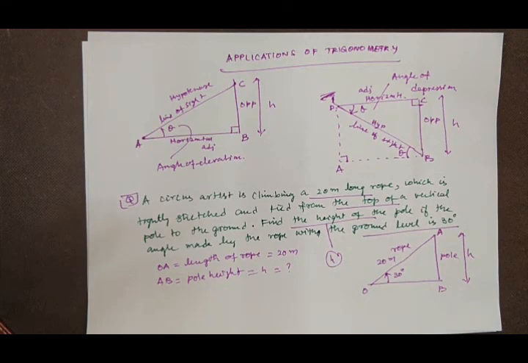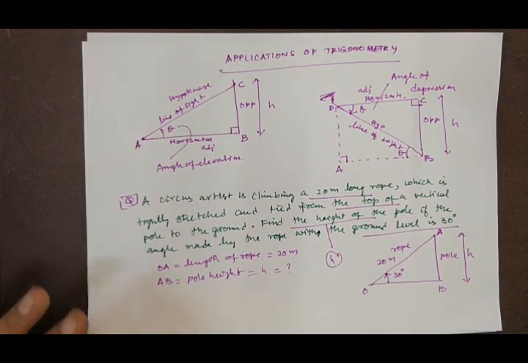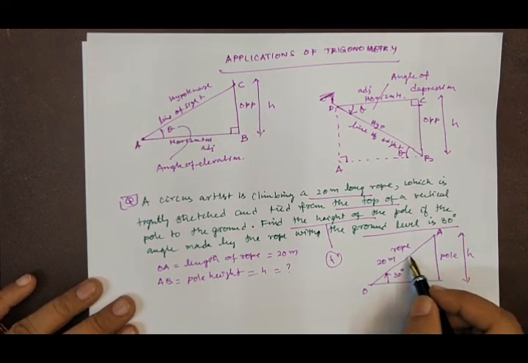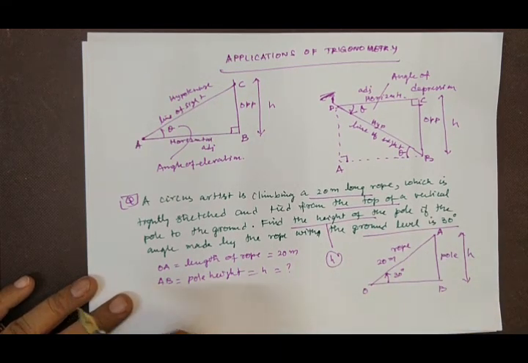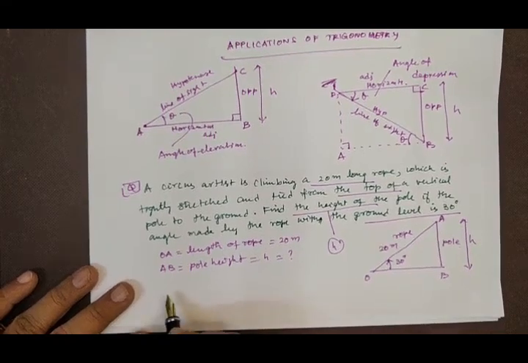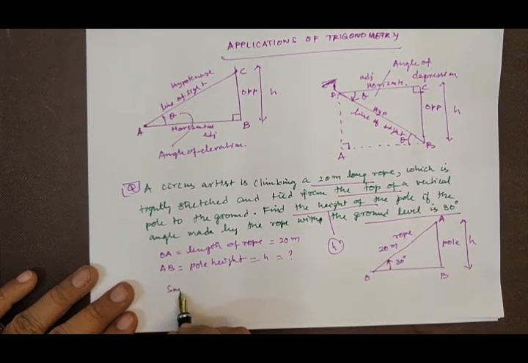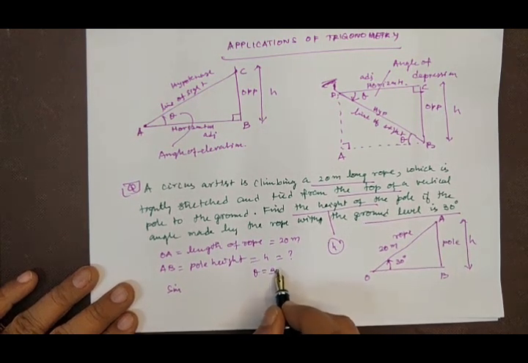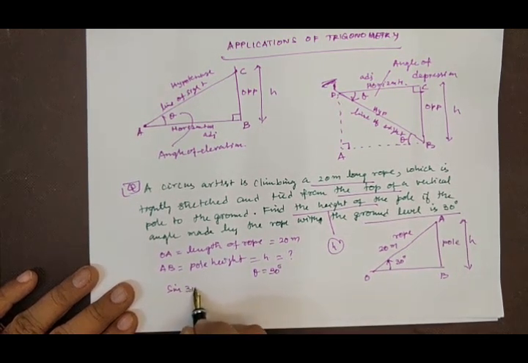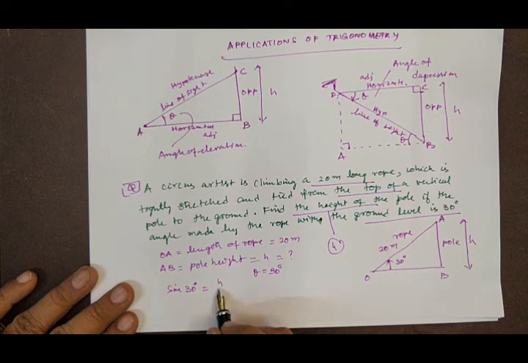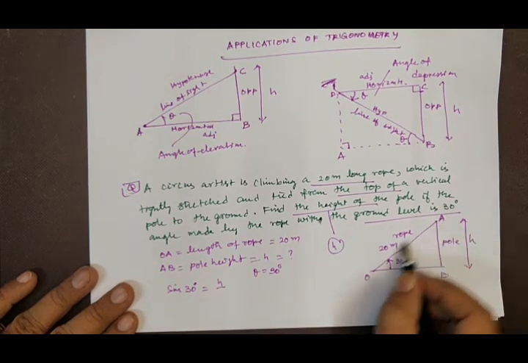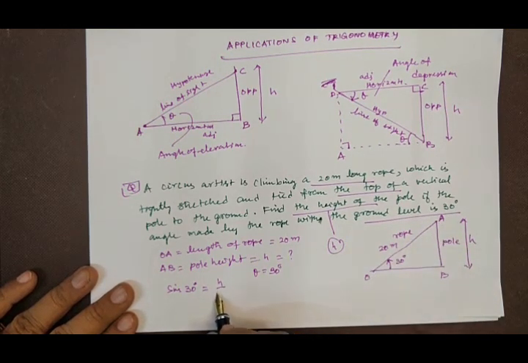What is the trigonometric function that involves height and hypotenuse, because the rope is nothing but the hypotenuse here? So you can take sine theta, is it not? What is theta here? Theta is equal to 30 degrees. Therefore sine 30 degrees is equal to opposite side by hypotenuse, that is H divided by the hypotenuse, which is the rope length, 20 meters.